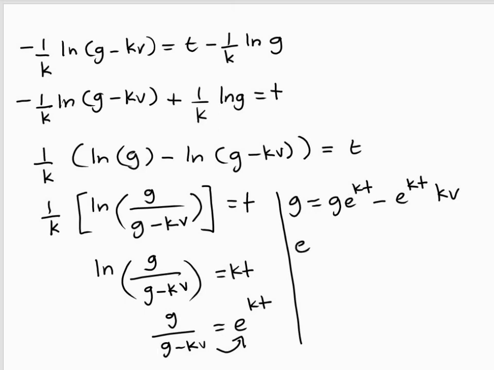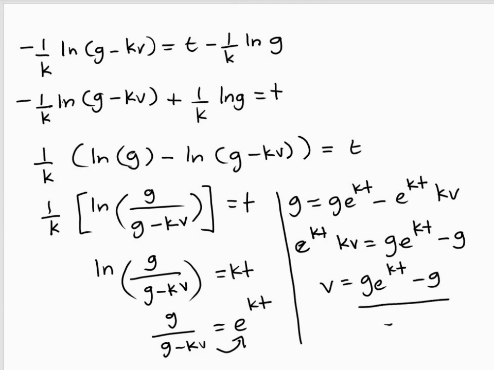So we have e to the kt times kv equals g e to the kt minus g. And then our v is g e to the kt minus g, divided by e to the kt multiplied by k.